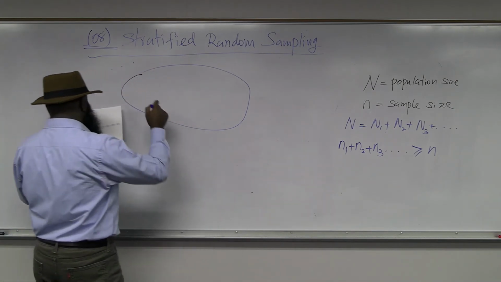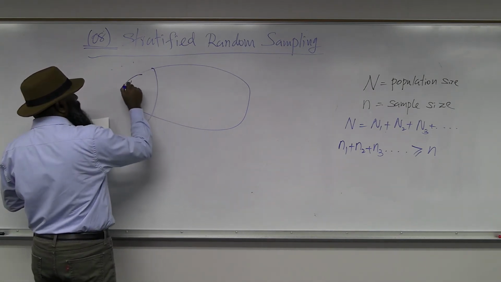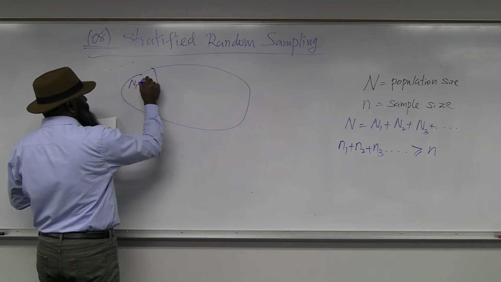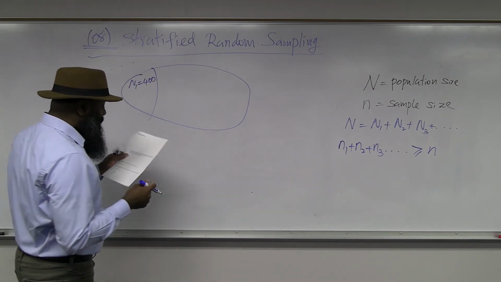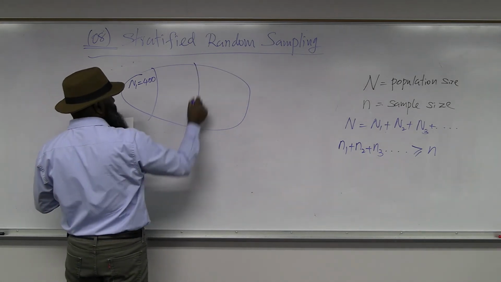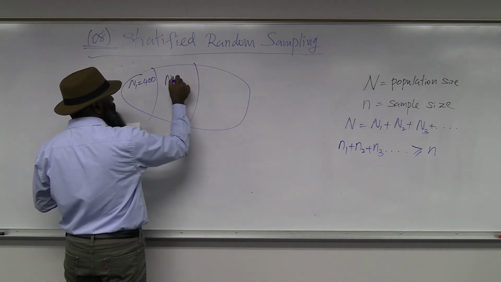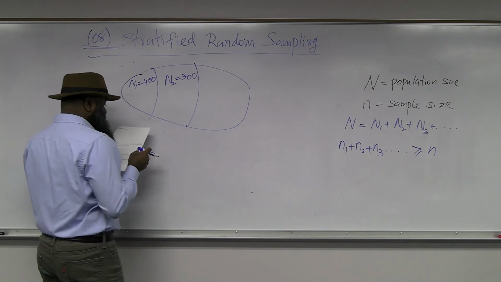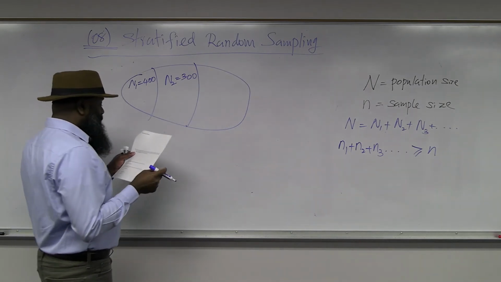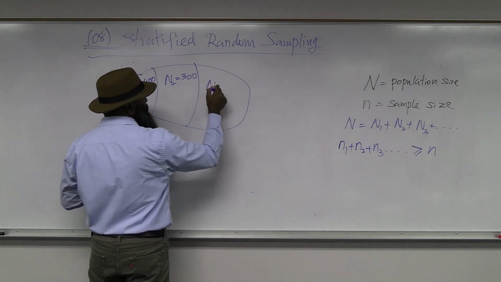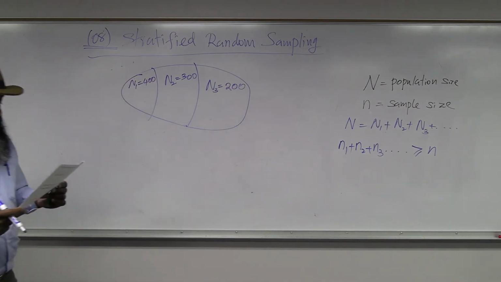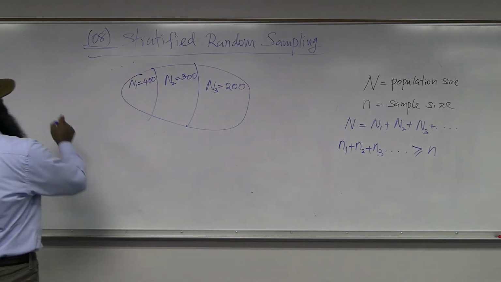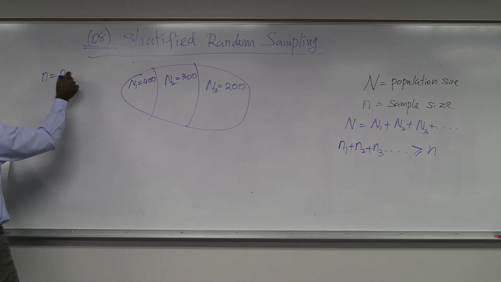And so stratum 1 has n sub 1 equals 400. 400 wires are supplied by manufacturer 1 and 300 wires are supplied by manufacturer 2. So n sub 2 should be equal to 300. And 200 wires are supplied by manufacturer 3. So n sub 3 equals 200. And I need a sample of 20. So lowercase n equals 20.